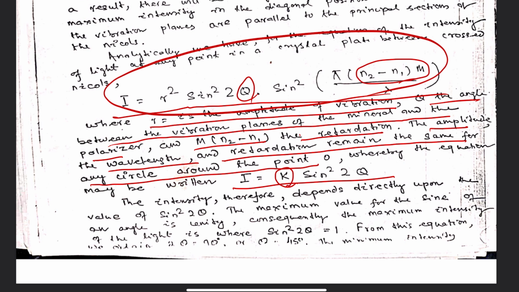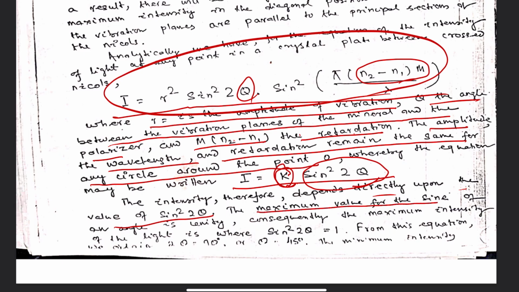K is a constant, which is found from the retardation, thickness and amplitude. Thus, the intensity of light depends directly upon the value of sin squared 2 theta.